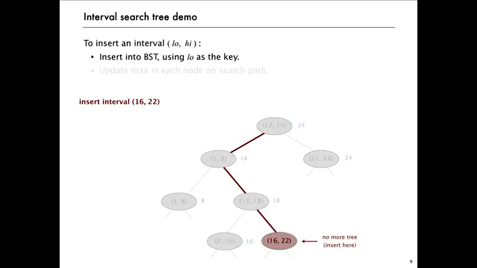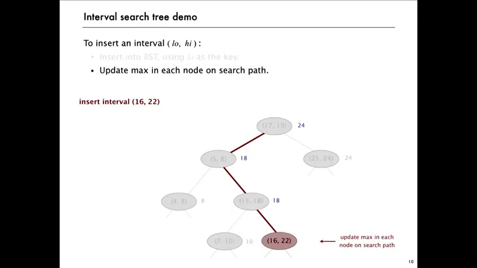Now we go back up the tree, and for every node that we encounter, it could be that the right endpoint of our interval is bigger than what was there, so we have to check the maximum in each node on the path. We have to check each node to see if 22 is bigger, and for the 3 nodes to the left, it is bigger than 18.